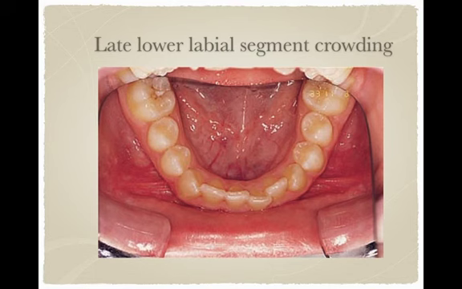That's not significant compared to the group in which we did not extract the wisdom tooth. So the conclusion regarding this topic is that it is not justified to extract a wisdom tooth in order to avoid late lower labial segment crowding. So we don't do that anymore.